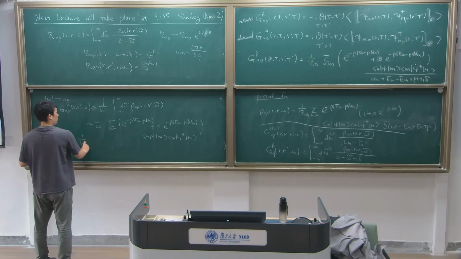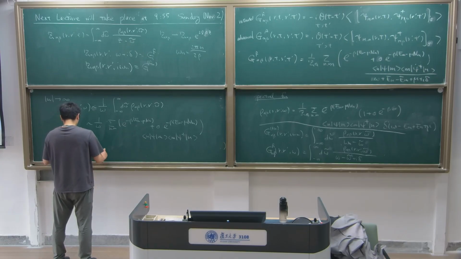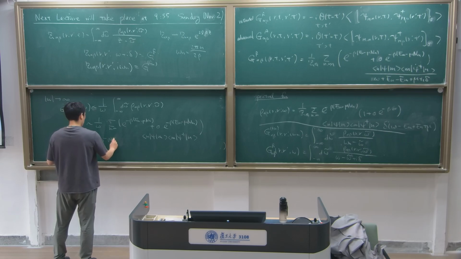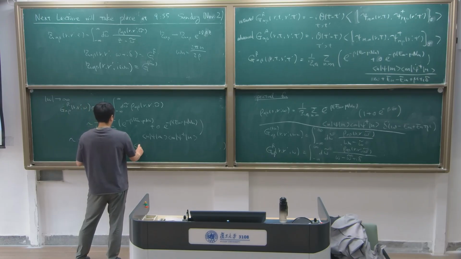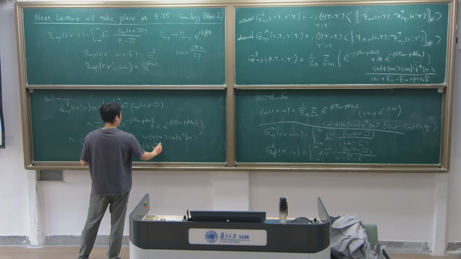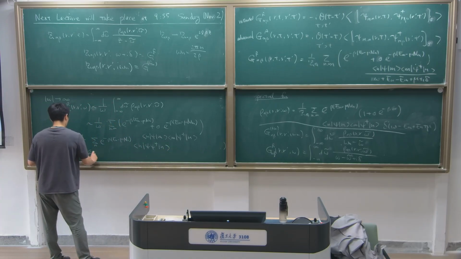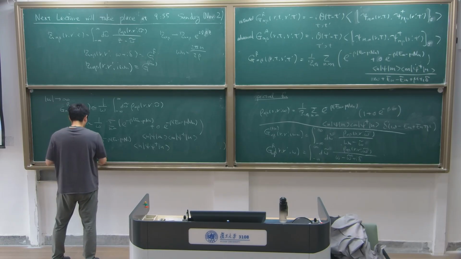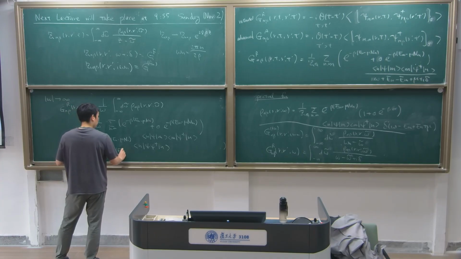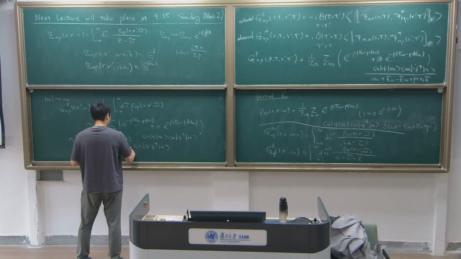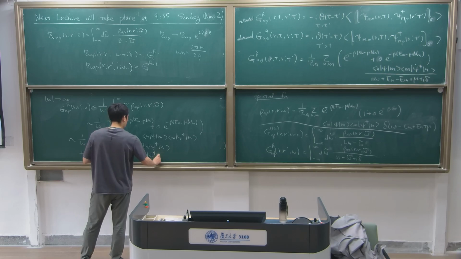So this is 1 over omega. The first term is just a sum over n of e to the minus beta (epsilon n minus mu), and then n side diagonal. Whereas the second term is sigma over omega, sum over m of e to the minus beta (epsilon m minus mu), and m side diagonal.